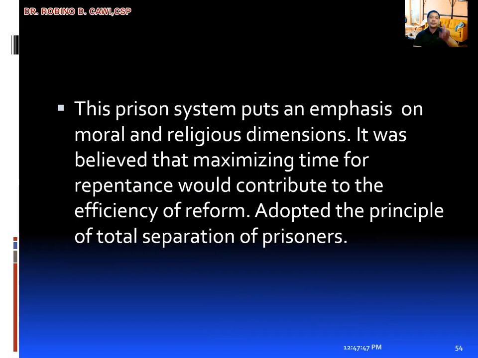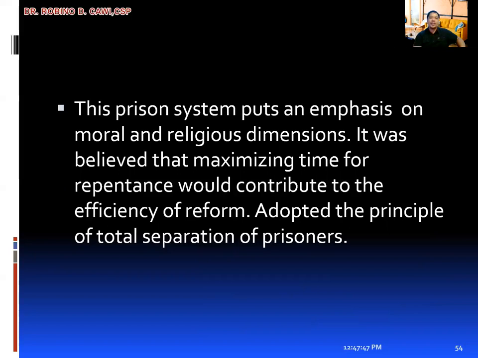Now, in this particular question, what is noteworthy to consider is the idea that the inmates are subject to what we call religious instructions. The so-called religious instructions are required for every inmate under this system, considering the fact that they are all required to read the Bible.